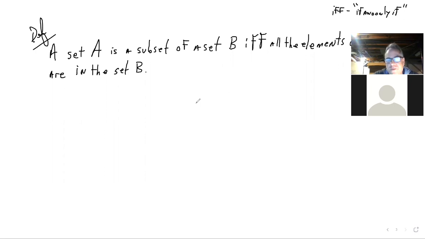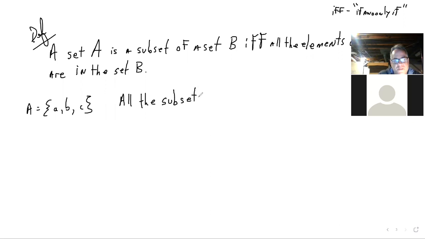I'm going to give you a set A. It's got three elements, little a, little b, little c. And I want you to write down all possible subsets of this set A.